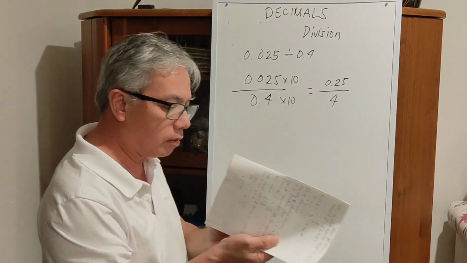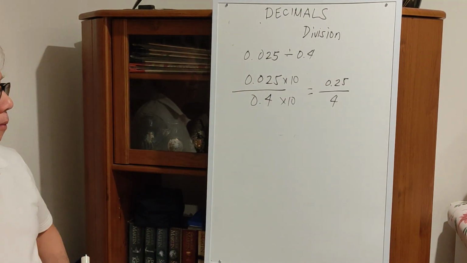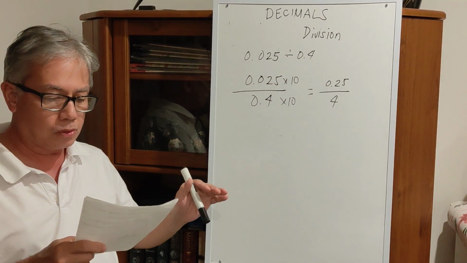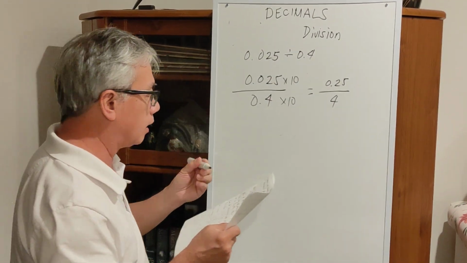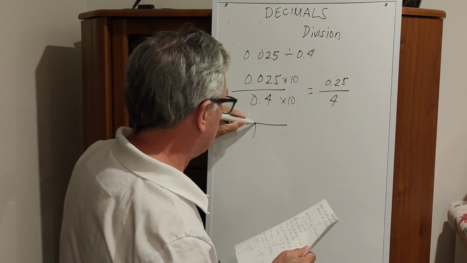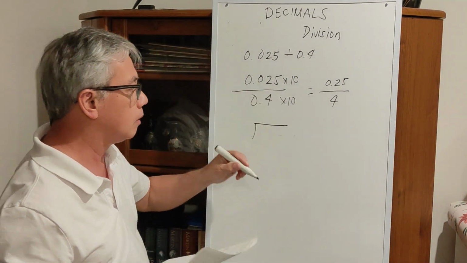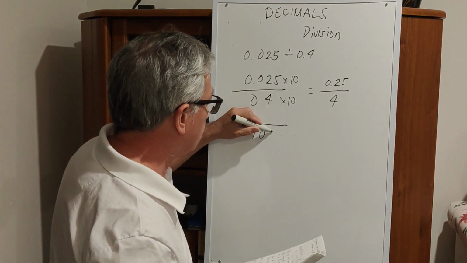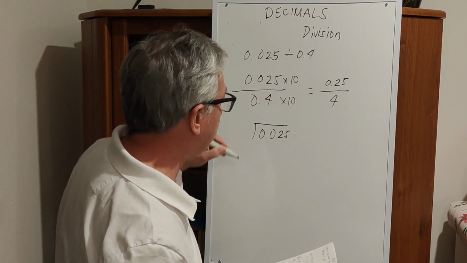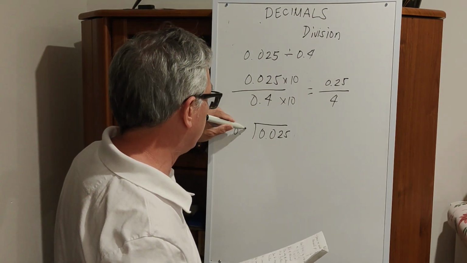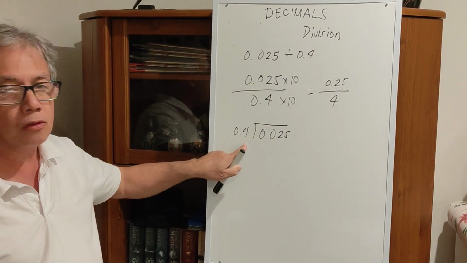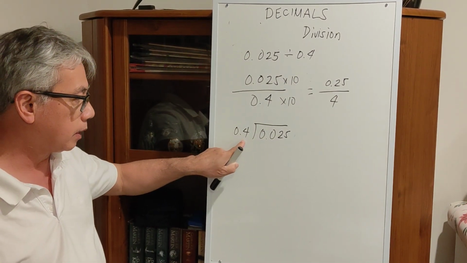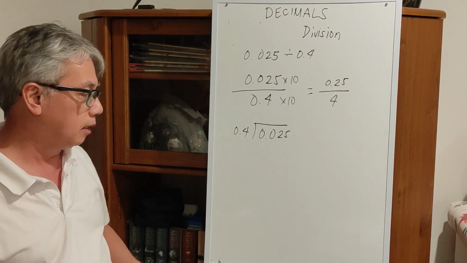Now our divisor is a whole number. If we want to use the long method of division, we can rewrite it like this. We first write this number, 0.025 divided by 0.4. Because this is not a whole number, we multiply this by 10, and we multiply this by 10.